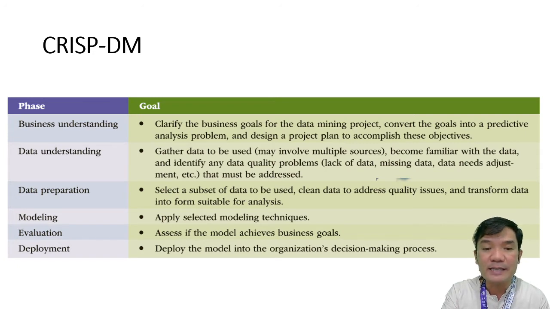And the third phase is the data preparation, which in this part we select a subset of data to be used, clean data to address quality issues, and transform data into a form suitable for analysis. So in this part, this is where we convert some of our data into another form for us to easily analyze.